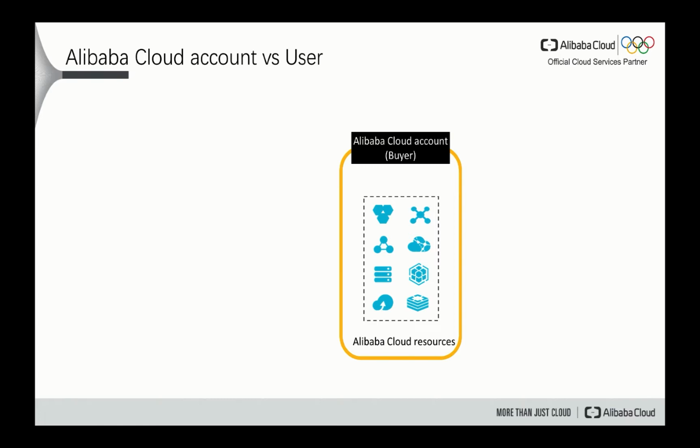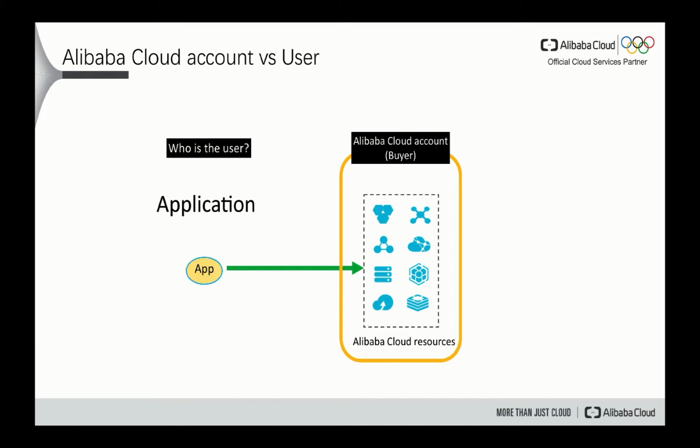So here is where the question comes from. If you are running a business like a company or organization, you own some cloud account, right? Some of your employees, you need them to manage or operate some of the resources. Then the employee becomes one kind of Alibaba Cloud resource user. And sometimes it's not even a person, right?